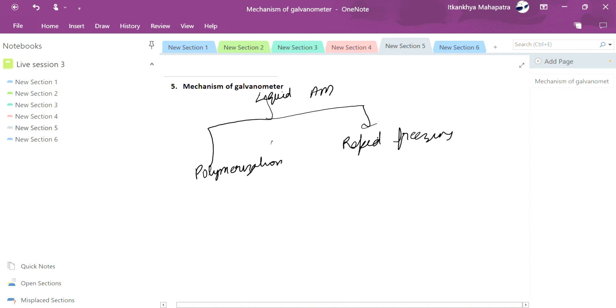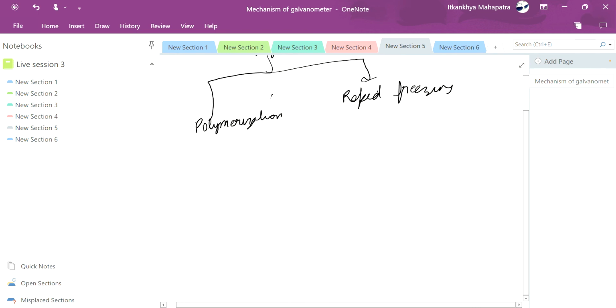The polymerization method uses UV light. The UV light falls onto a photocurable resin and it starts hardening, and after some time it forms a solid body which can be used as a prototype.